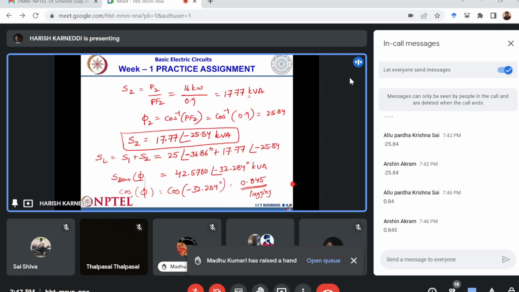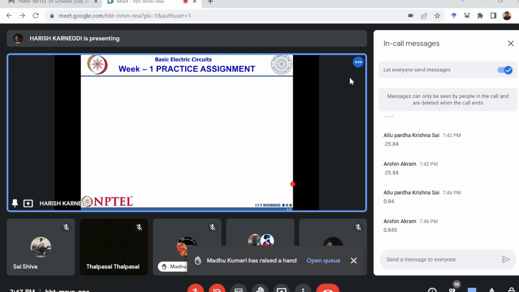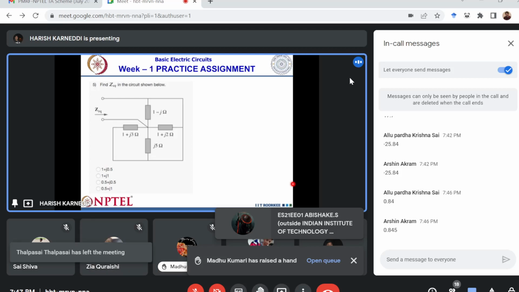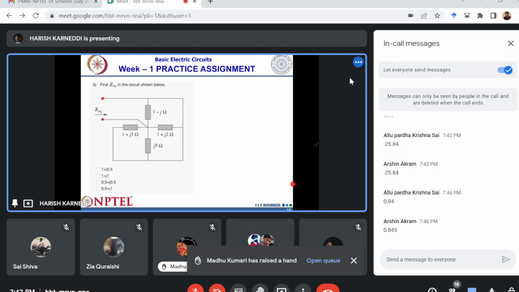Moving to the next question. Find the Z equivalent in the circuit shown below. Here they give the circuit. What is the Z equivalent seen from these 2 points?